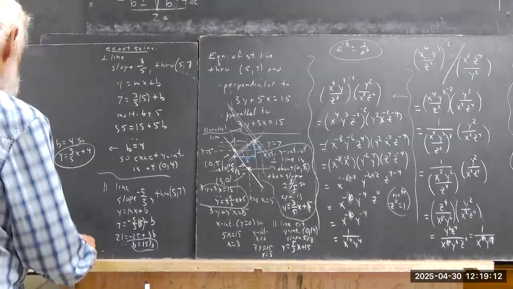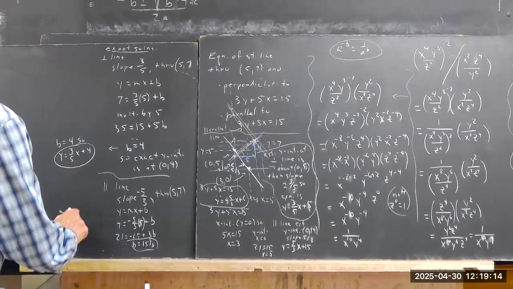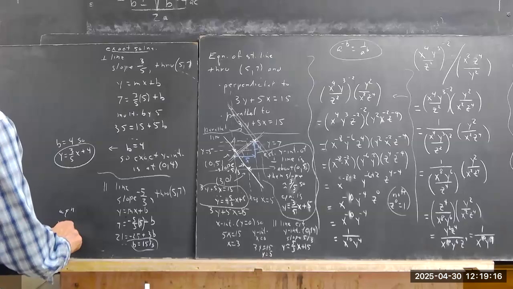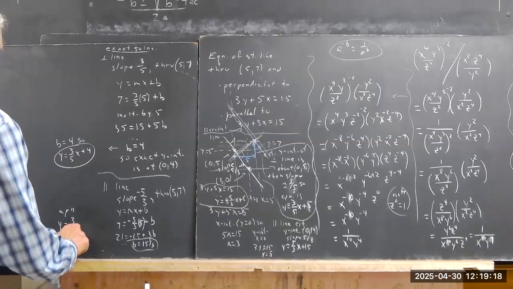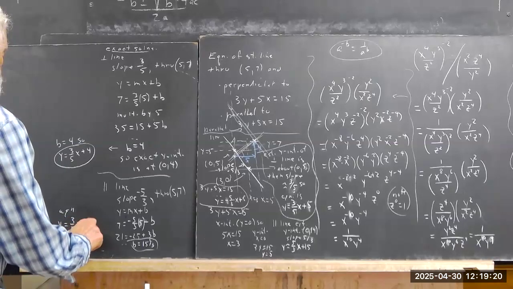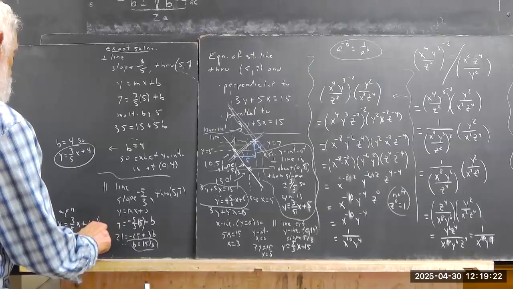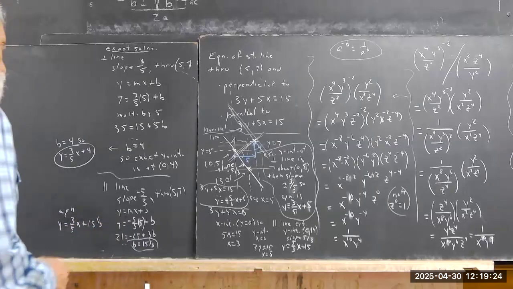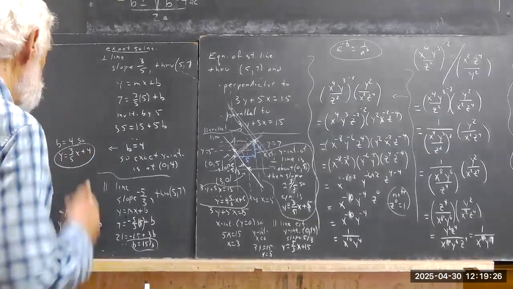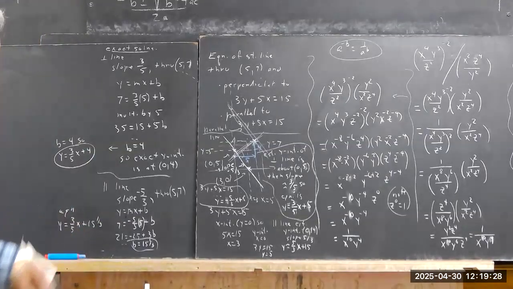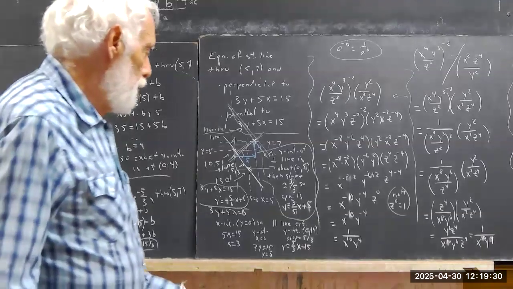Then here, y equals 3/5 x plus 15 and a third.